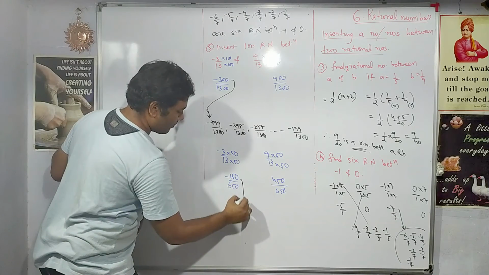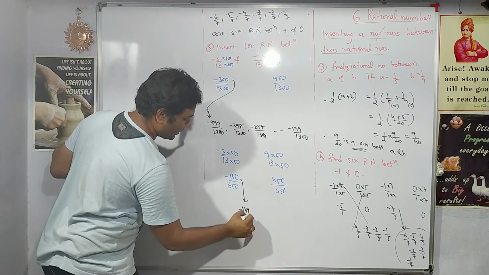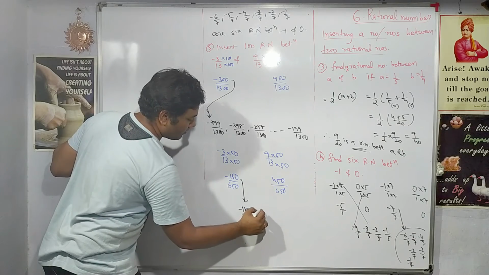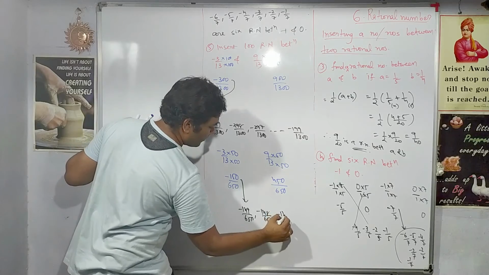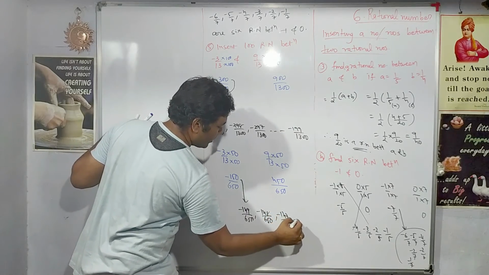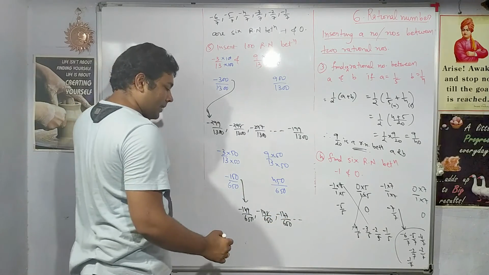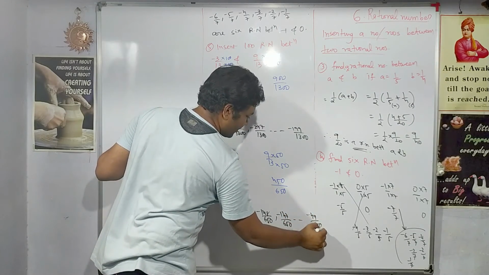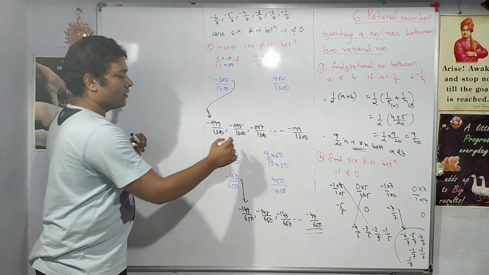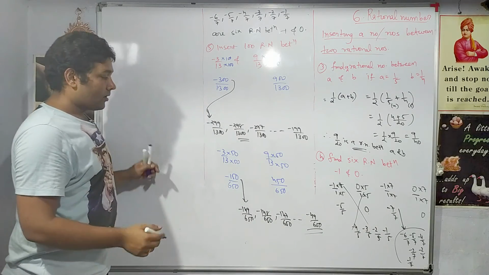So the numbers will be -149 upon 650, -148 upon 650, -147 upon 650, so on till -49 upon 650. This is also a correct answer.